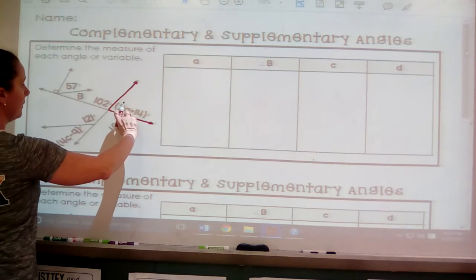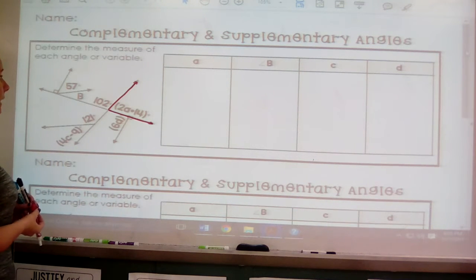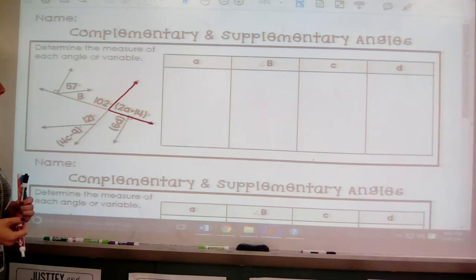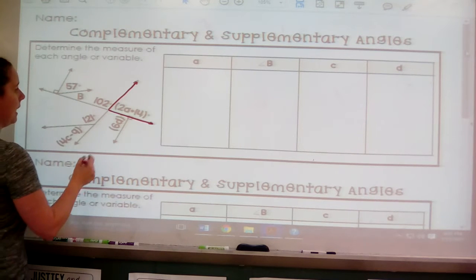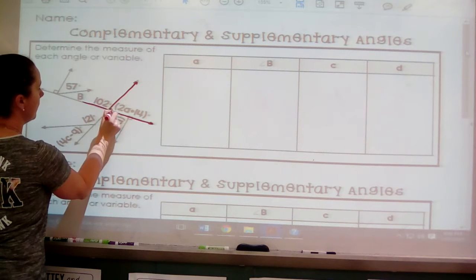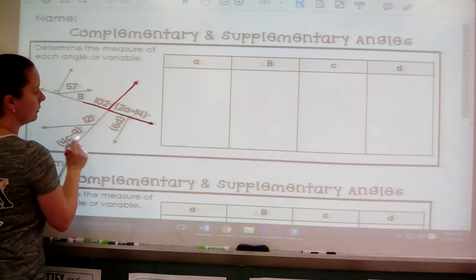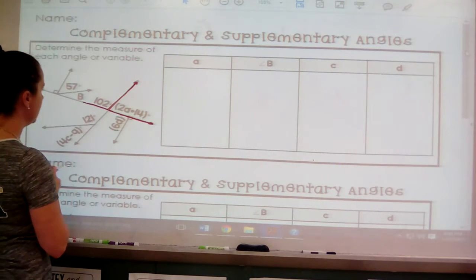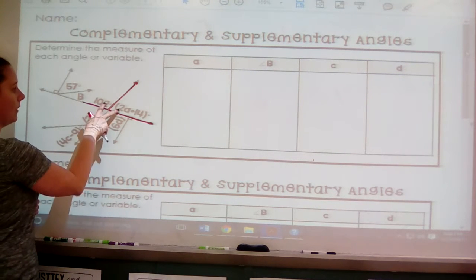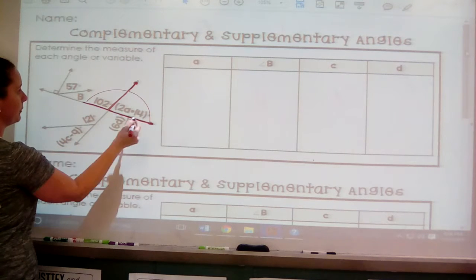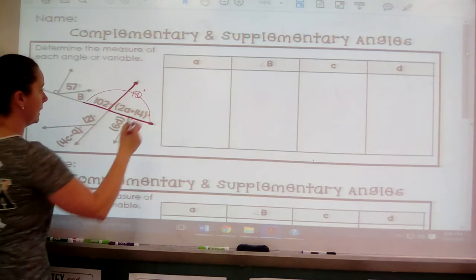Now I need to look at all of the angles around it and find one that has either a supplementary or a complementary relationship with angle A. I see that this angle that is 102 degrees is adjacent to angle 2A plus 14, and these two would be supplementary because they sit on that straight line, which means they would add up to 180 degrees.